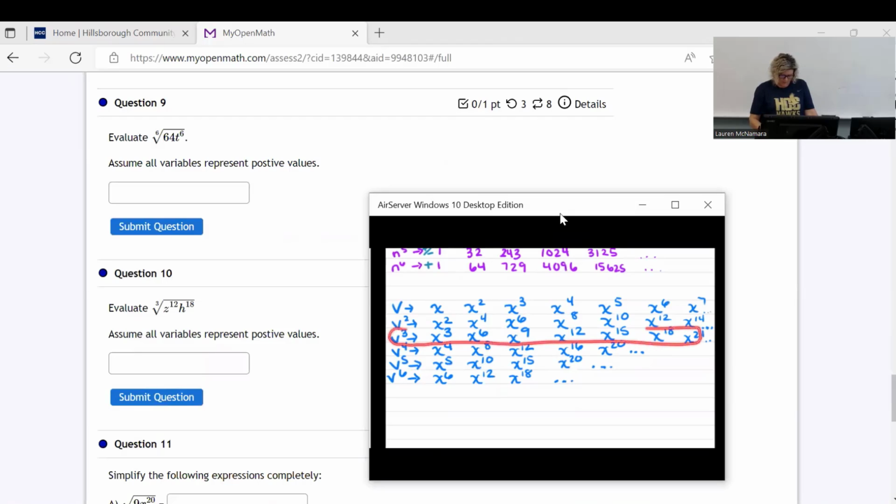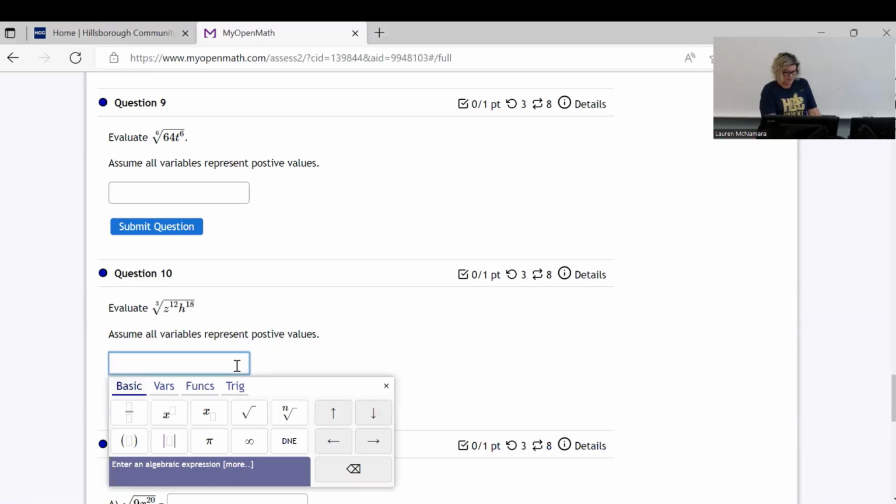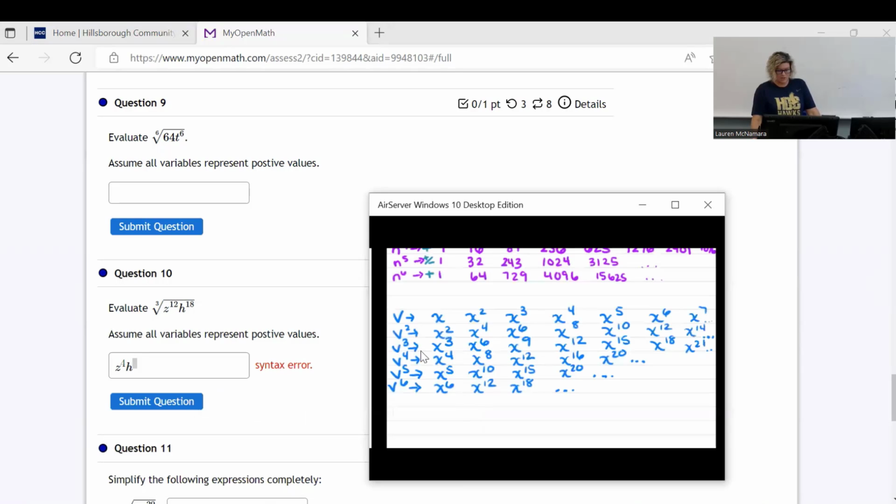So these right here are my perfect cubes. So I can see z to the 12th. So I know when I take the cube root, it's going to be z to the 4th. And then h raised to, looking on my chart, going over, I have 18. The cubed root of my 18th power is my 6th power.